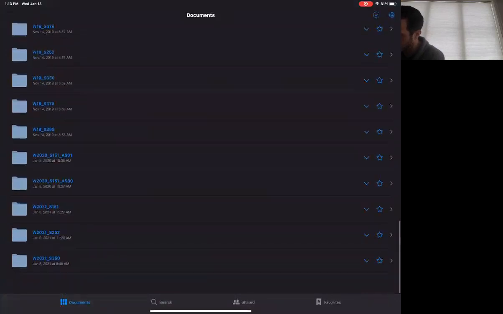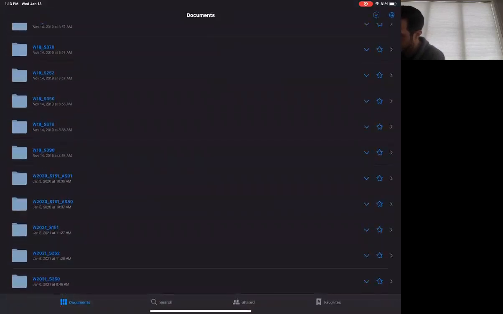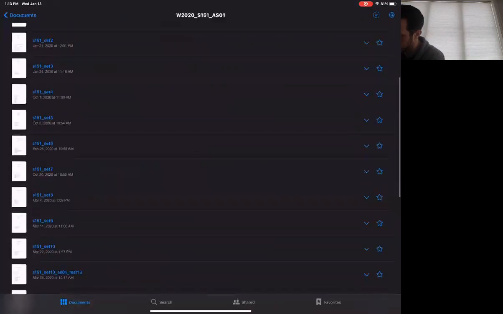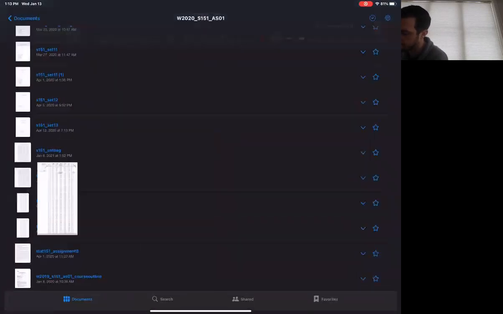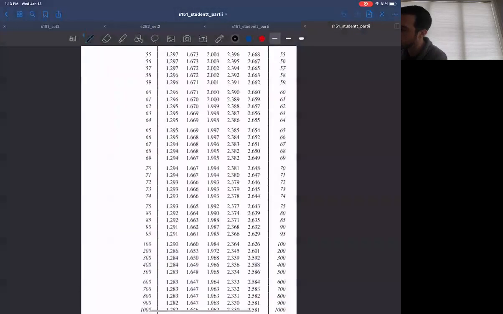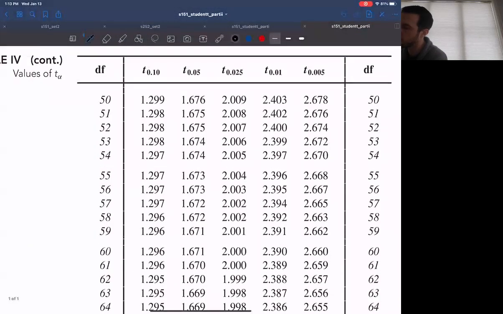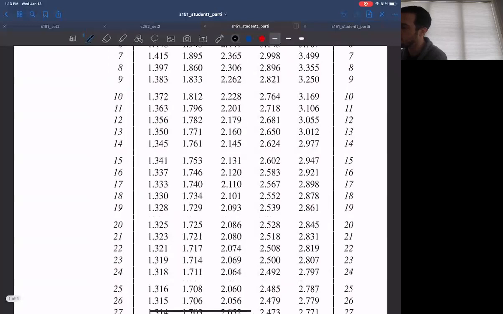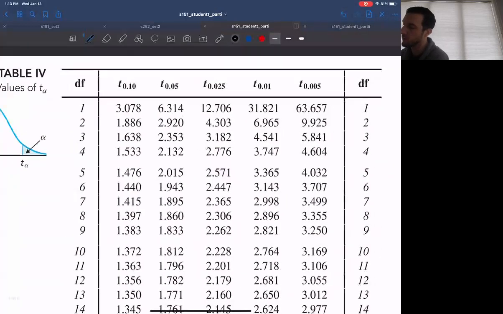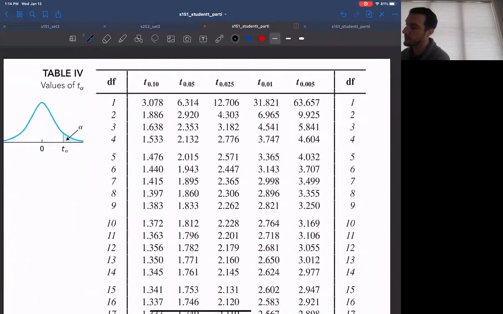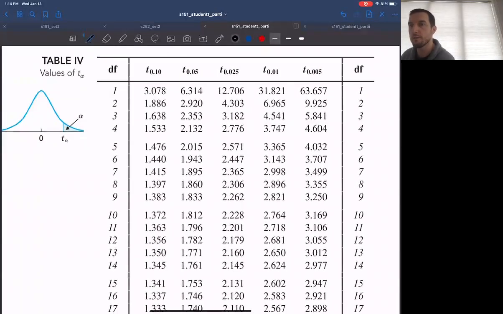The student t-table is located on the course website, and it has 2 pages, labeled page 1 and page 2. Page 1 gives us our t critical values for different degrees of freedom, and I'll come back to refresh you on this idea in a little bit.